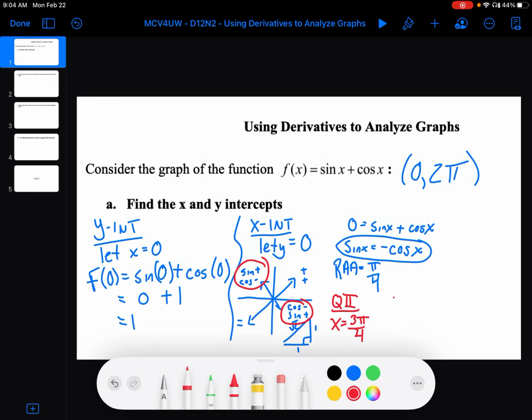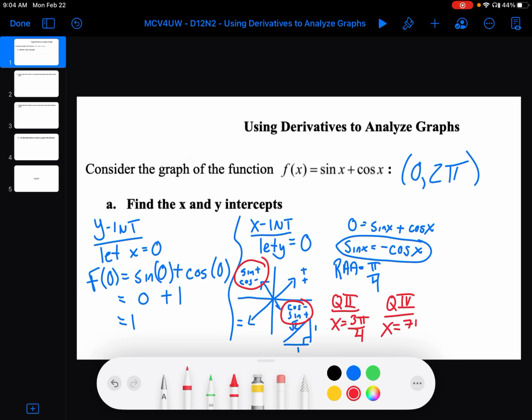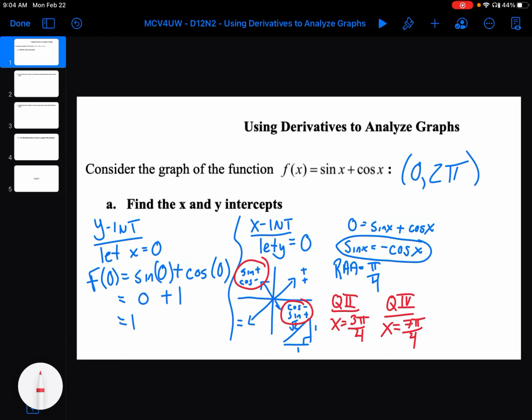And in quadrant 4, we have 2 pi minus pi by 4, so x is equal to 7 pi by 4. Okay, so we've got our intercepts. These are our x-intercepts, again just dealing between 0 and 2 pi, and this is our y-intercept.